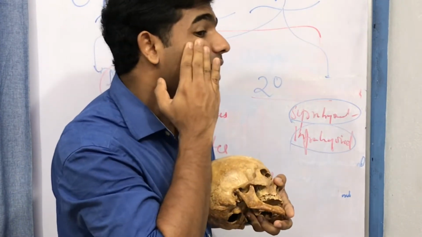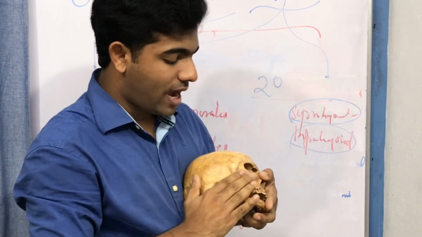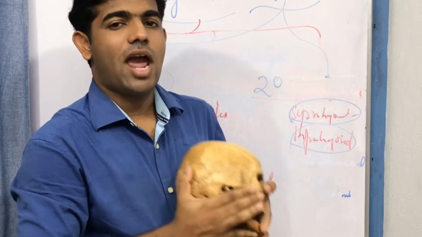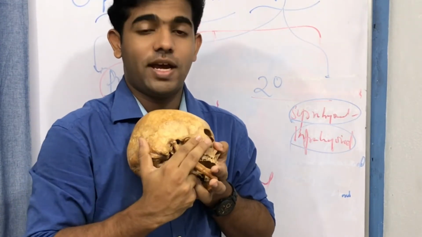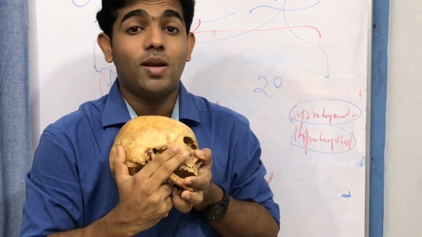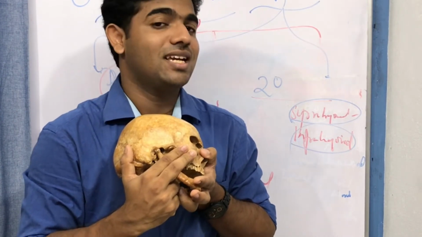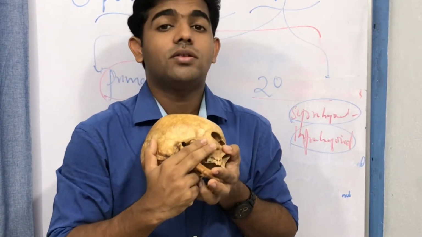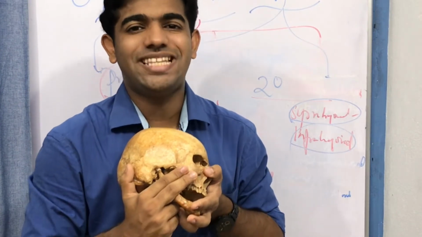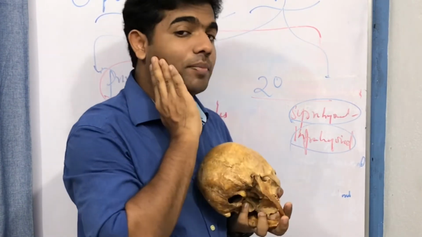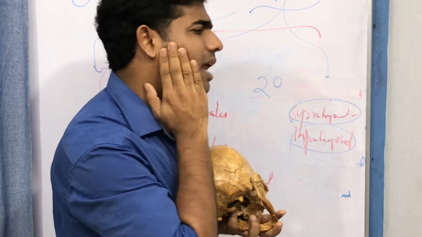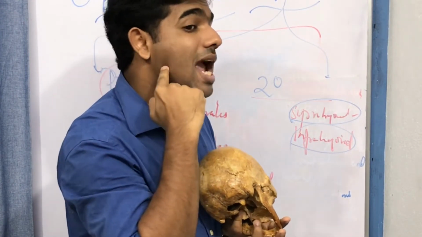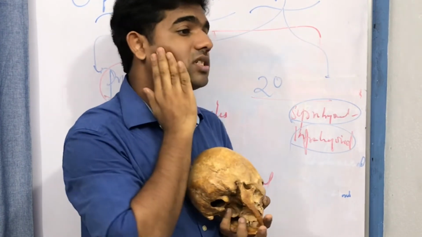This one, the prominent one over here, and it will be attached to the ramus of the mandible. See, like my fingers, it will be attached to the ramus of the mandible, sometimes in an oblique orientation. Yes, that is your which muscle? The masseter muscle. And of course, you can palpate it if you make a fist like this. If you make some expression with your face, you can palpate it in the angle of the mandible. This angle of the mandible, you can palpate your masseter muscle.